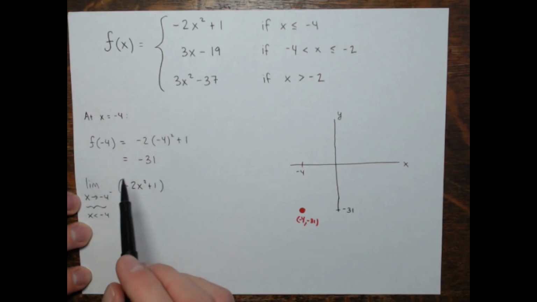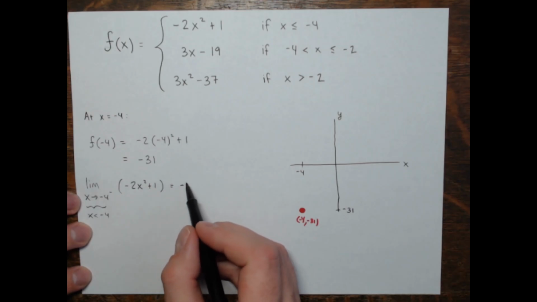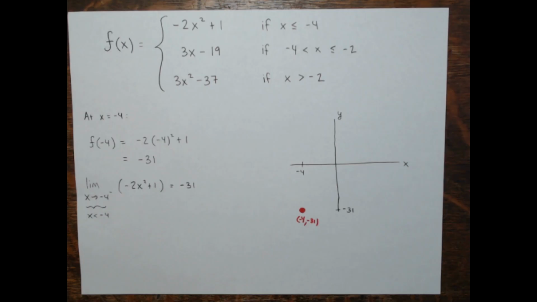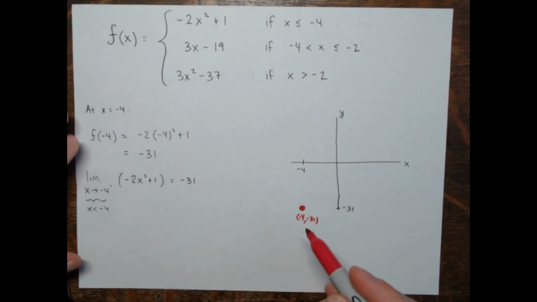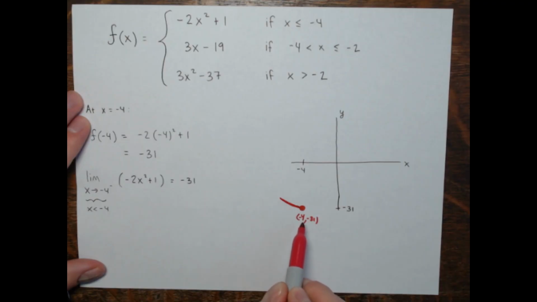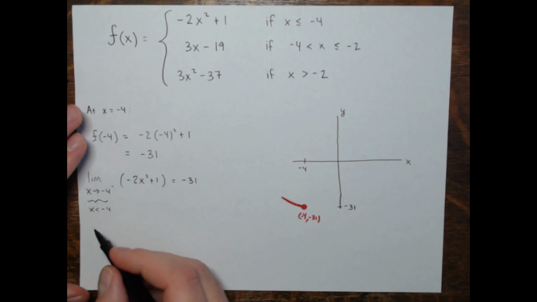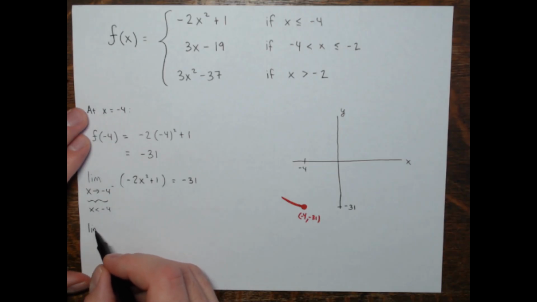These are all polynomials, so I'm going to be able to just do a direct substitution. And this is -31. Okay, plugging -4 in. So the graph will be approaching. Now, I don't know how it does, but I know it will be. Graph will approach that location, the output of -31, from the left of -4. But hopefully it does the same thing from the right side.